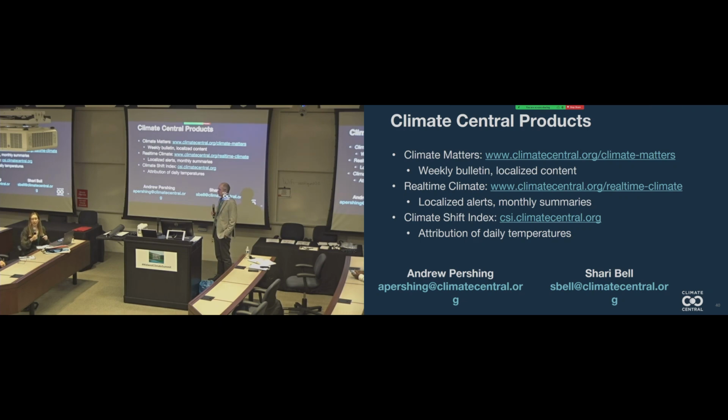And it's a little bit harder to tease out from that particular metric which part of it is an upward march in our temperature and which part of it is the natural variability that we see. So some of what you're talking about in the question, days that are 8 or 10 or 15 degrees above that daily average, can happen just within our typical climate bounds, or it could be influenced by the overall warming, and that's where the climate shift index is very useful in giving us that perspective.